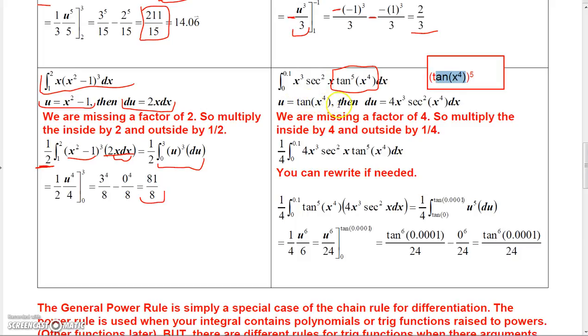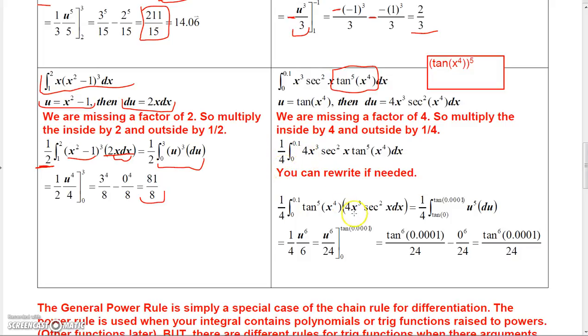Now the derivative of tangent u, remember, is secant squared u times the derivative of u. So it would be secant squared x to the 4th times 4x cubed. Well, if you notice here, I've got the x cubed and I've got the secant squared. What I don't have is the 4. So if I multiply the inside by 4 and the outside by 1/4, that'll fix that.